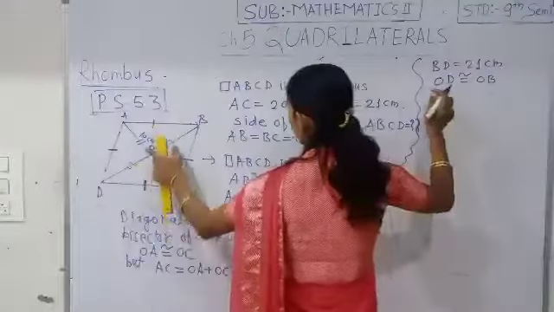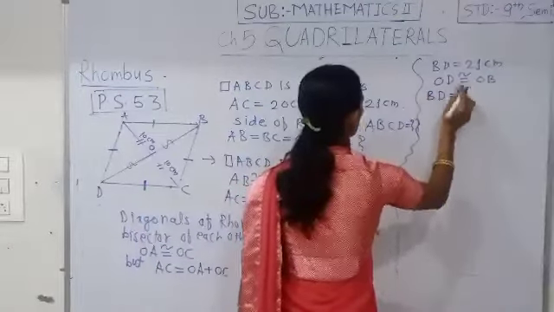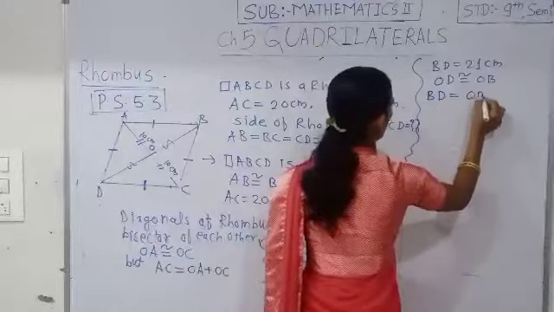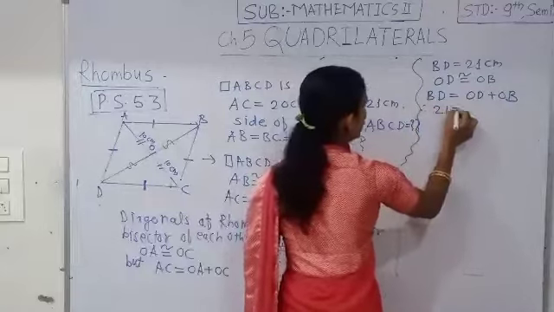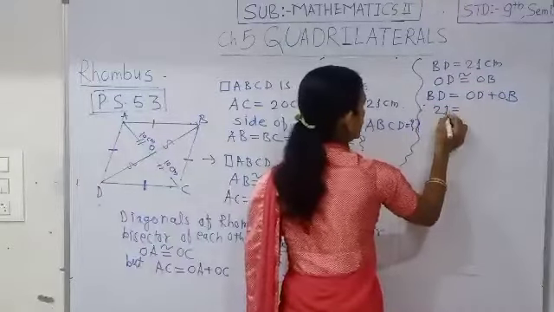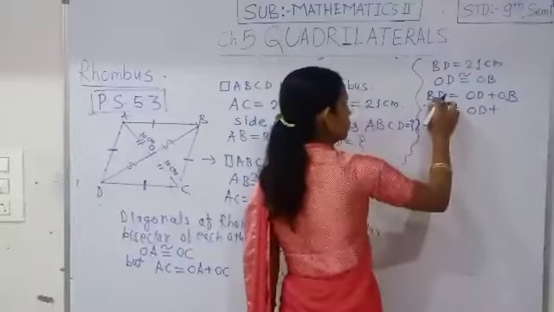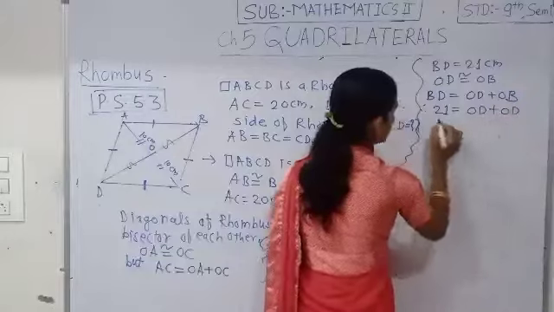BD is equal to OD plus OB, and therefore 21 equals OD plus OD.